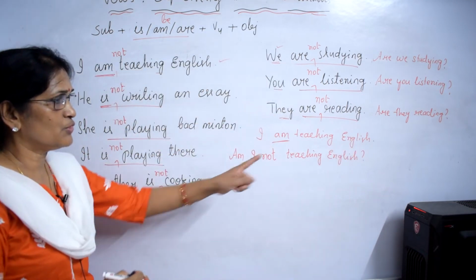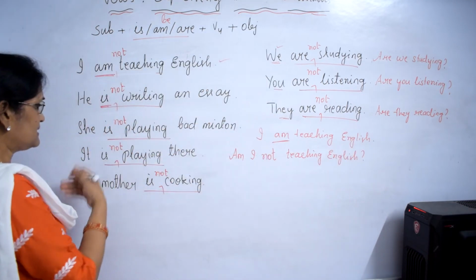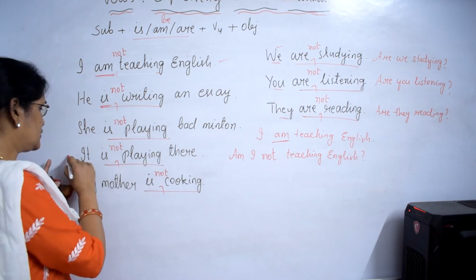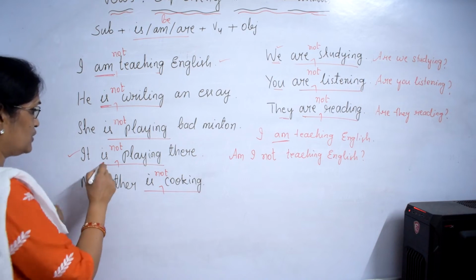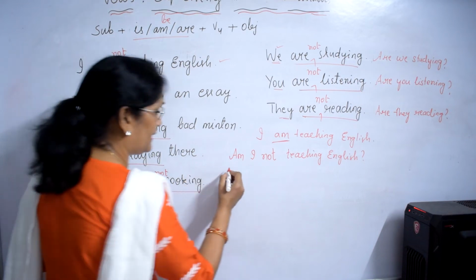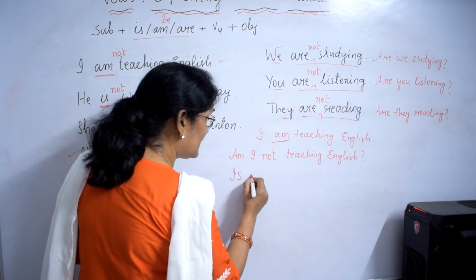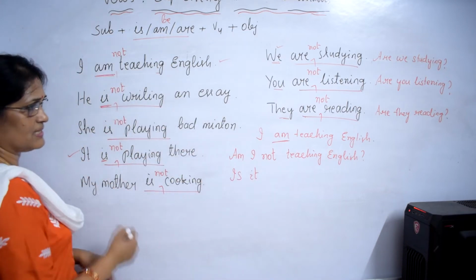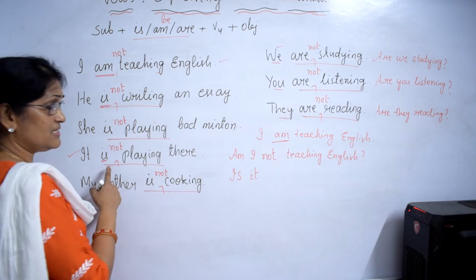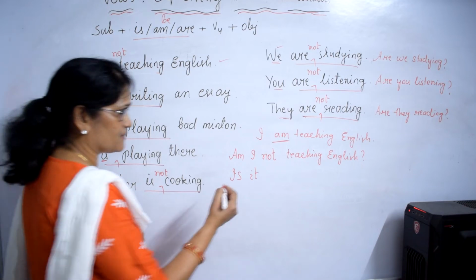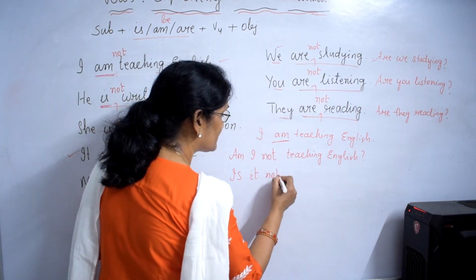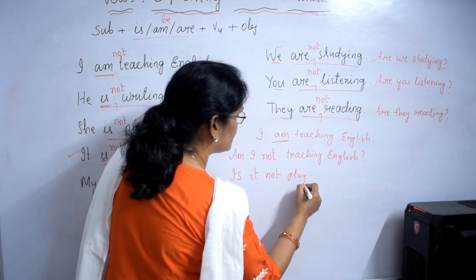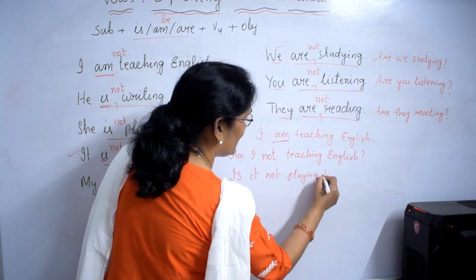Question mark. Then another sentence, it is playing there. Change the sentence into negative interrogative. So is will come to the front, write is. Then it is the subject, it. So is it. Change the sentence into negative interrogative. So put the negative word not. Is it not playing there?